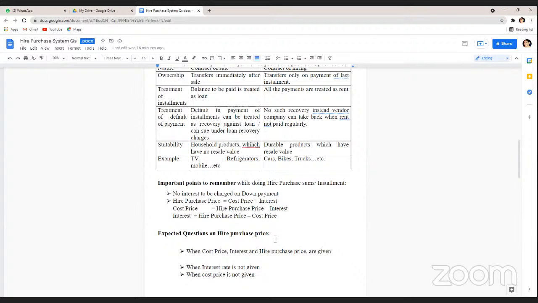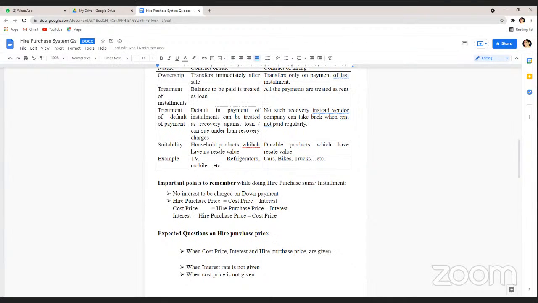Accounting is almost the same in both. Generally, remember children, whatever the balance to be paid, upon that interest will be charged by the seller. So you should remember, interest is charged only on the outstanding amount.